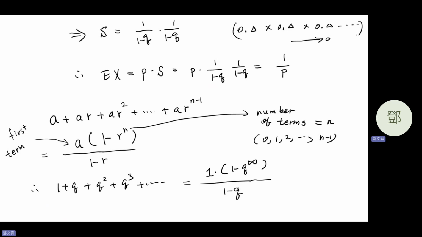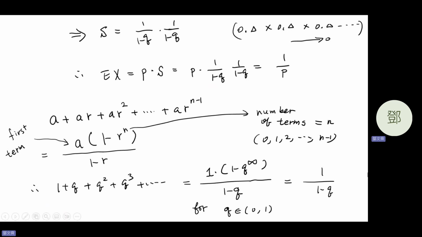With power infinity, it approaches 0. The limit is 0. So it is 1 over 1 minus q. It is a famous formula for q between 0 and 1. All right?